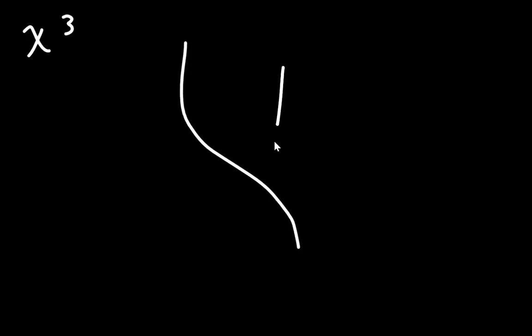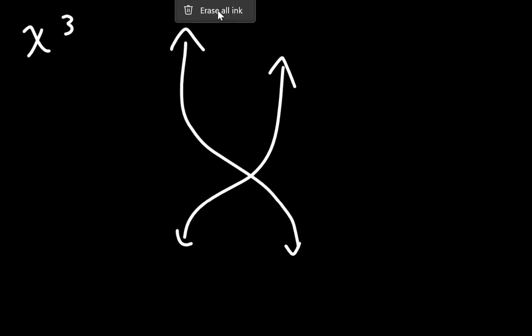Just remember that if it's an x cubed function, it looks like an s in both ways. So this is an x cubed, and this is a negative something x cubed, and we will not learn this, but just keep in mind that it's sort of s-shaped. So this is an x cubed function.